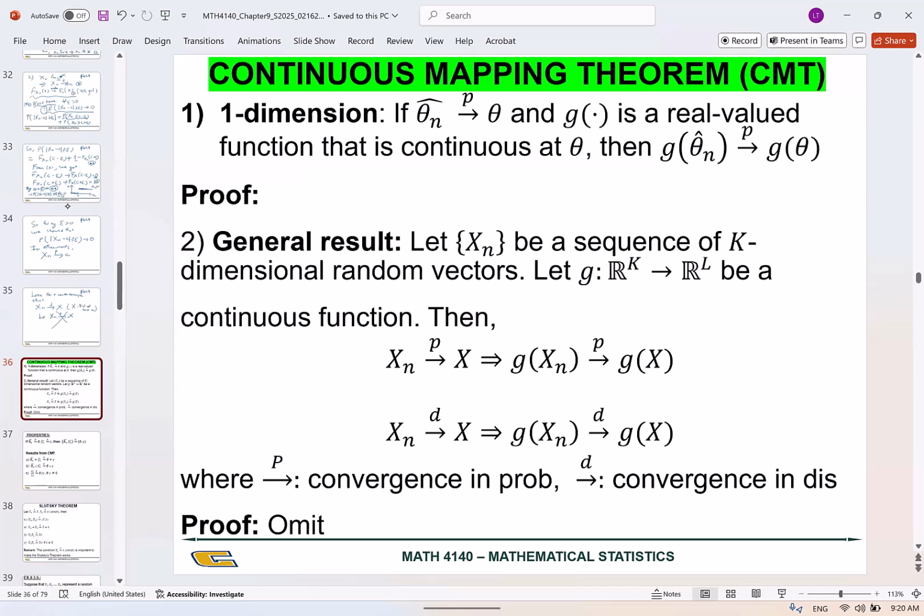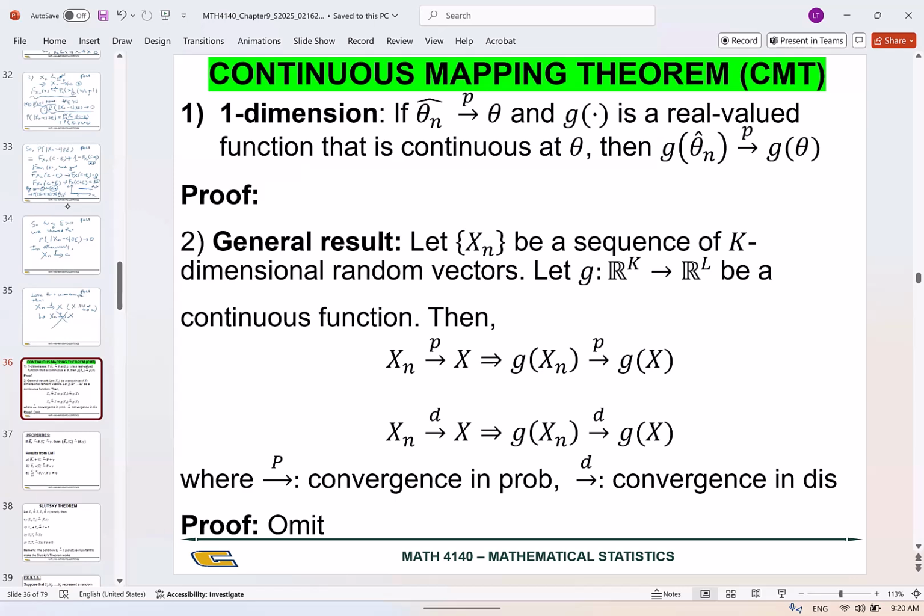basically if you have an estimator that converges in probability, theta n hat, maybe the mean or the sample standard deviation or whatever, and it converges to a true value theta.